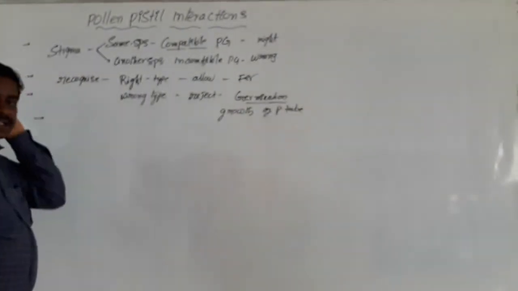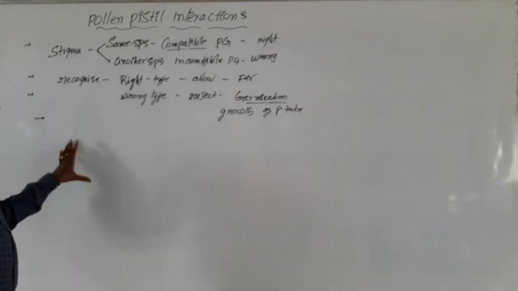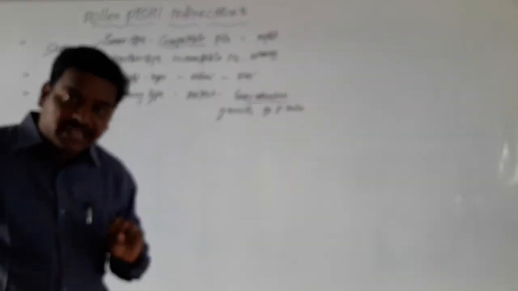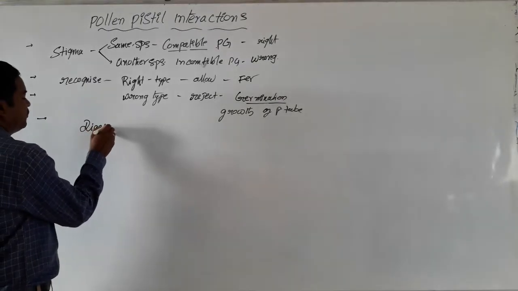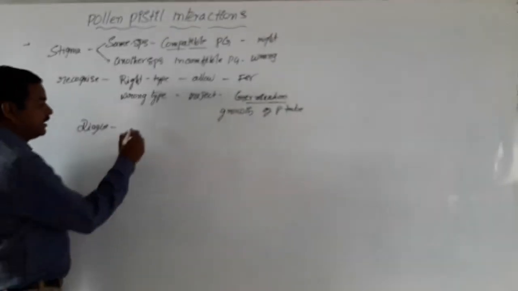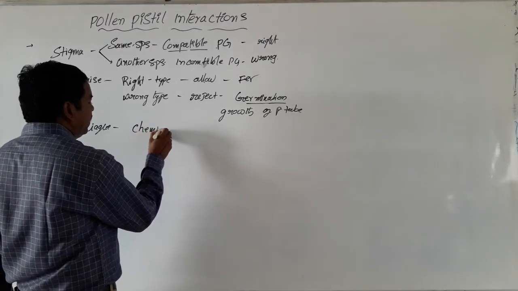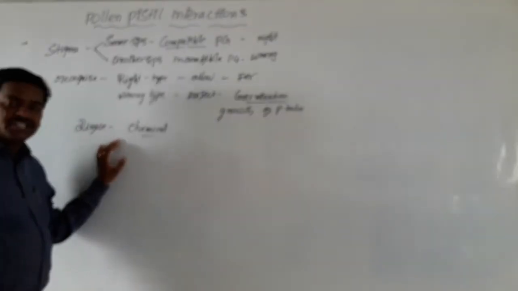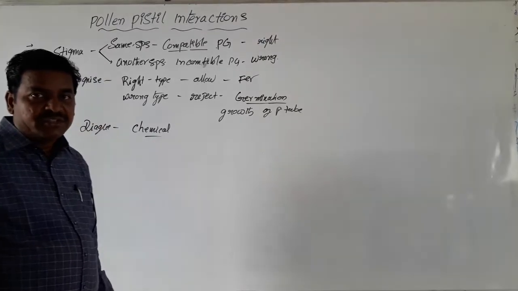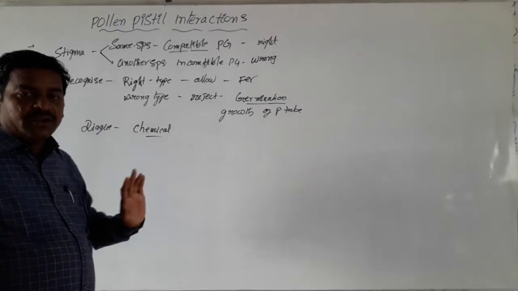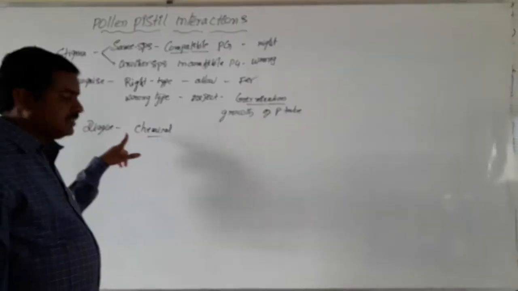So, this acceptance and rejection of the pollen grain by the stigma is a continuous dialogue. This continuous dialogue between the stigma and the pollen grain is mediated by chemical substances which are secreted by the pollen grain and interact with the stigma.